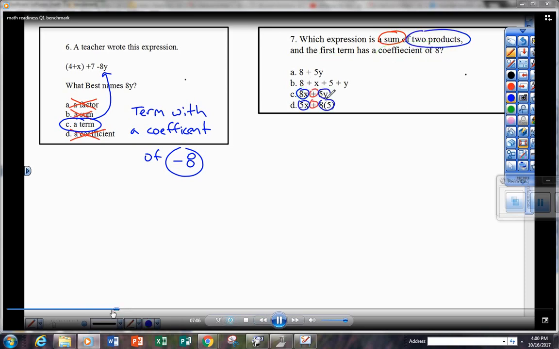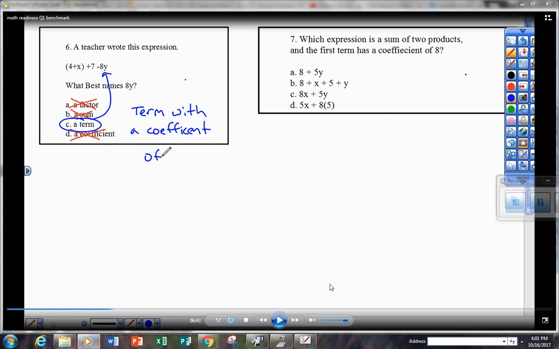So you could right away probably answer this problem by just looking for this coefficient. What number coefficient? There's an 8 right there, there's a 5. Those are not coefficients in the first term, so those aren't going to work. So this is the only one that has a coefficient of 8. That alone would let me know that that is the only choice.